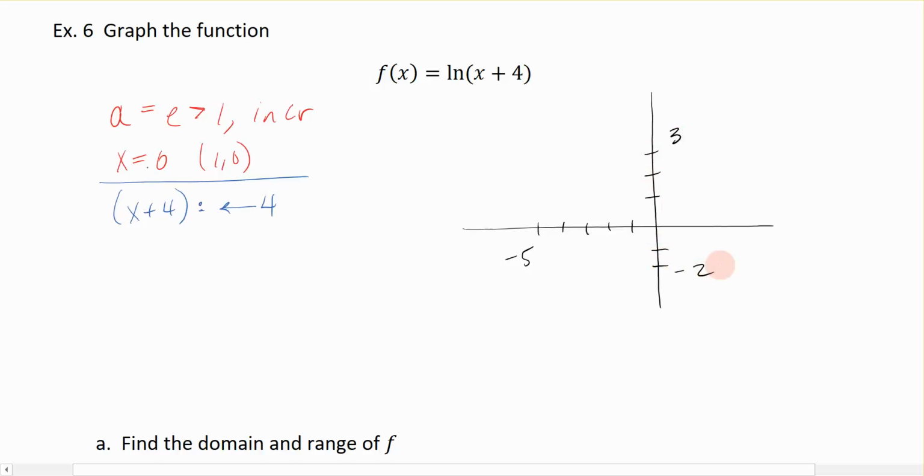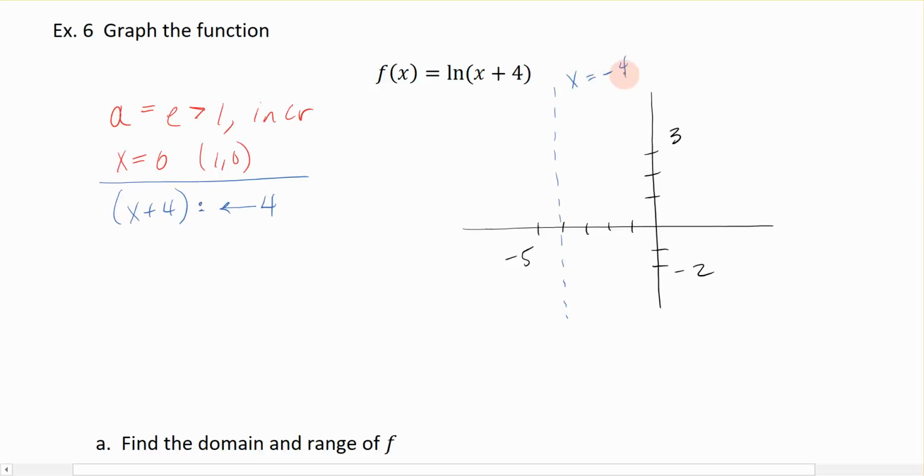I'm going to start with my vertical asymptote. Remember, it started here at x is equal to 0, but I'm shifting it to the left by 4. So that's going to take it over here, and I now have an asymptote at x is equal to negative 4.